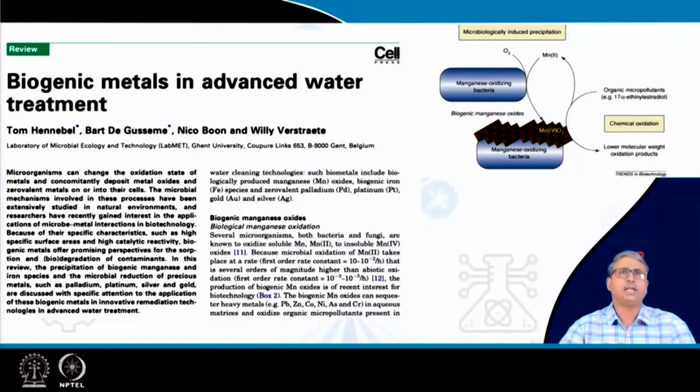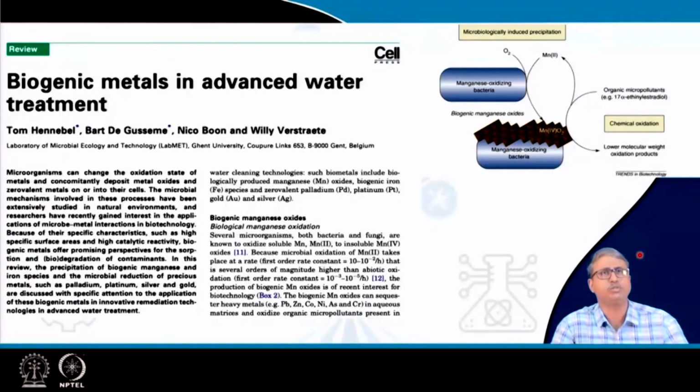Now, the last point in today's lecture is the biogenic metals, because in my summary slide I showed that microbes can oxidize metals like manganese and produce manganese oxide minerals.